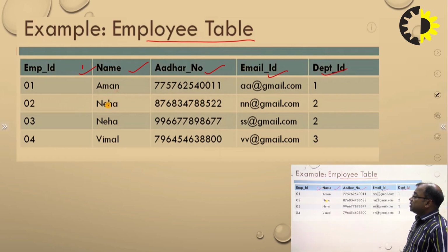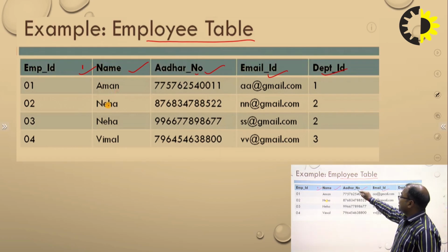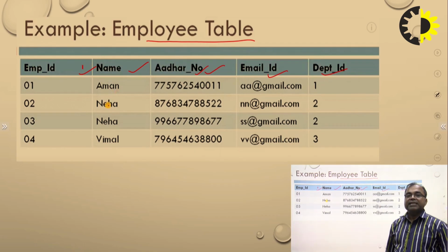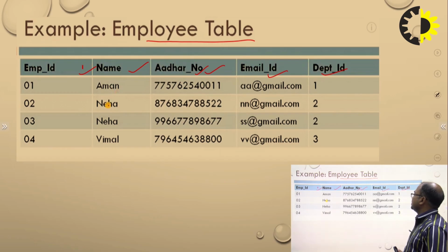There is another key also, the Aadhaar number. Aadhaar number is a unique number, so it can also be a key, or you can say primary key, inside the table. Email ID is also a unique thing, so it may also be a key inside this table. But department ID is repeated, so it may not be a primary key.